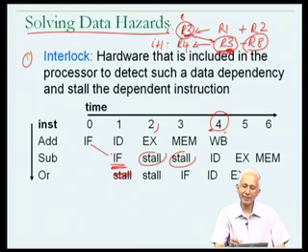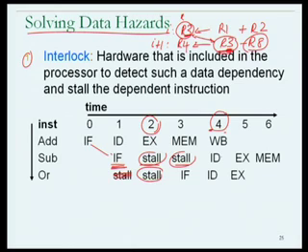When we say that the subtract instruction is stalled, we meant that it was prevented from entering the ID hardware, which means that it must still be occupying the IF hardware, which means that it's not possible for the OR instruction to be fetched in cycle number 2. So the OR instruction starts life by being delayed by a cycle, but we could argue that it could be fetched in the next cycle if the buffering between the IF stage and the ID stage, I had shown the buffers, the storage between the IF stage and the ID stage, is appropriate.